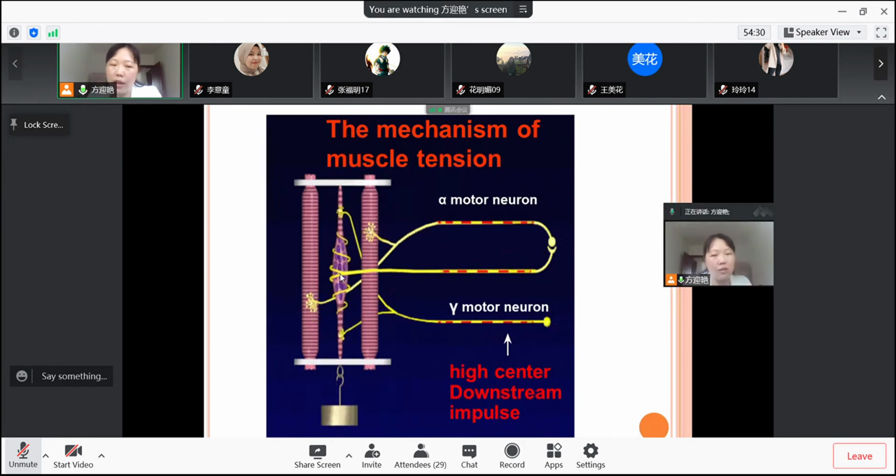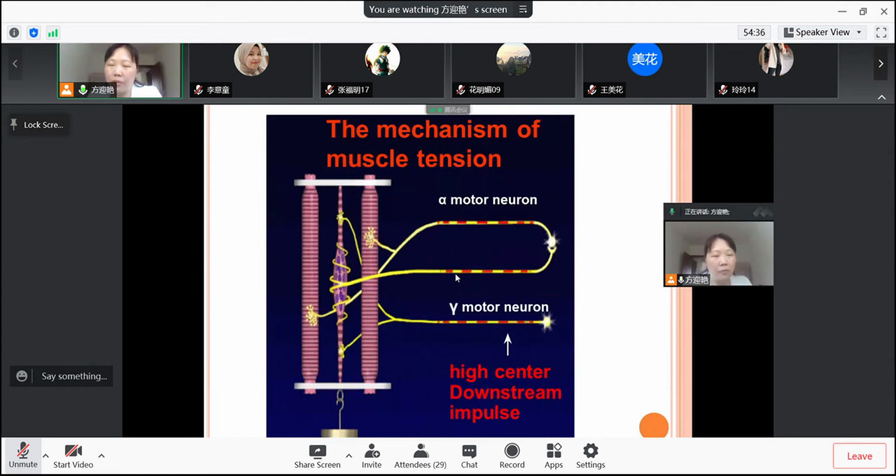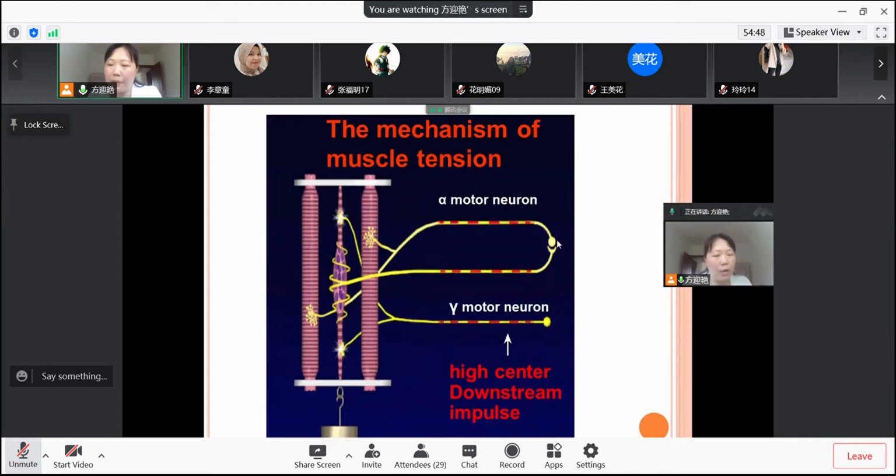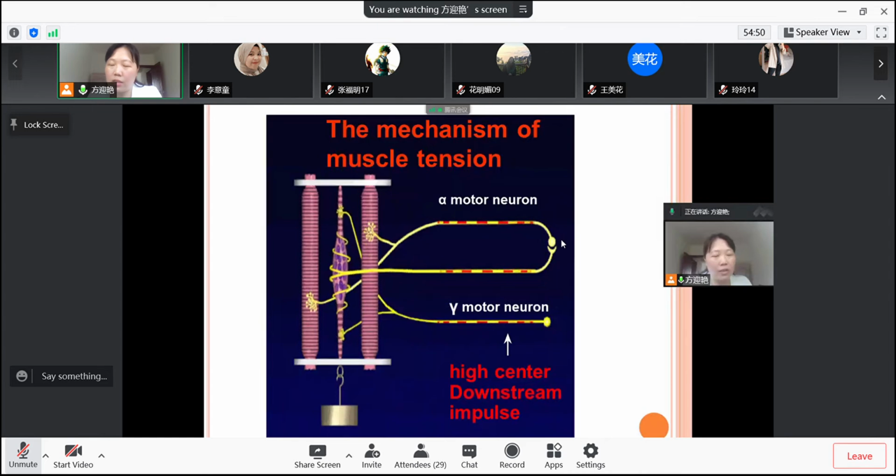Then the impulse, the action potential, passes by the afferent nerve and sends this information to the spinal cord. They are mainly the alpha motor neuron. The alpha motor neuron has only one synapse connection, so we also call it monosynaptic.